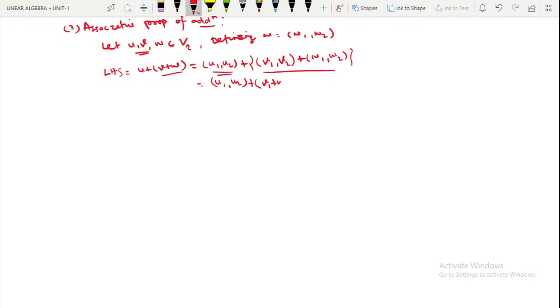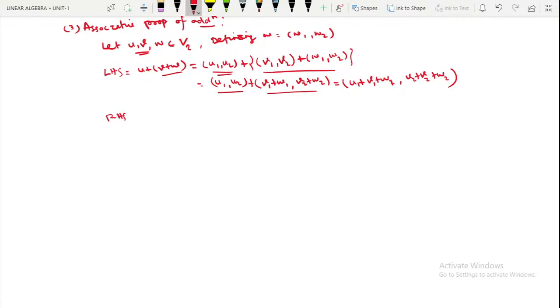This is v1 plus w1 comma v2 plus w2. Now this belongs to V2, this is another element from V2. So if you add, I will get u1 plus v1 plus w1 comma u2 plus v2 plus w2. That is my LHS.